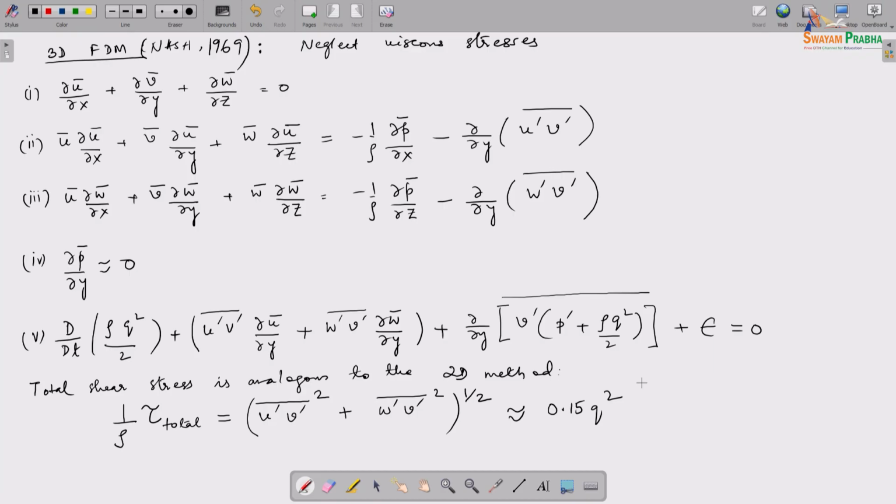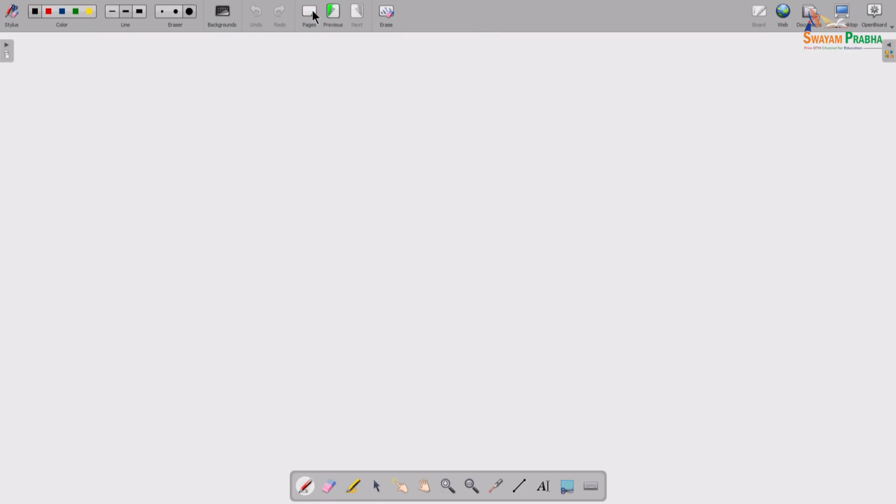In this picture, what happens in terms of the total shear, okay, the same functions.